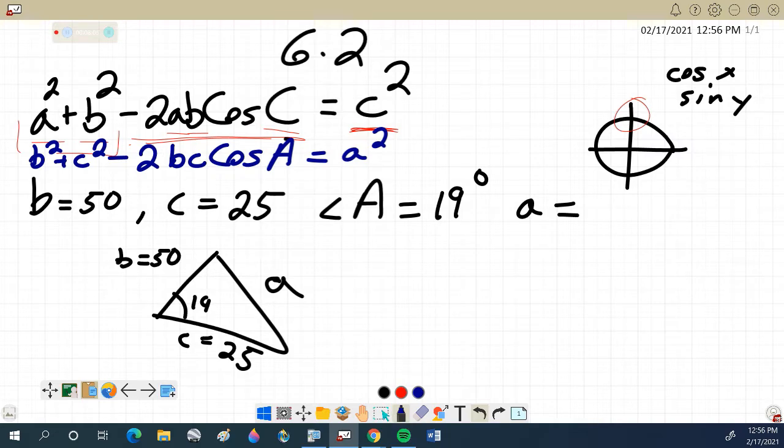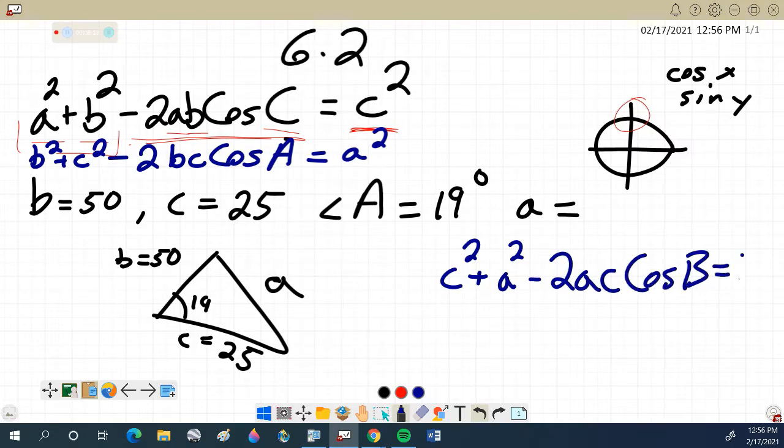What's the other formula? C squared plus A squared minus 2AC cosine of B is B squared. So really, if you know one formula, you actually know the other 2.